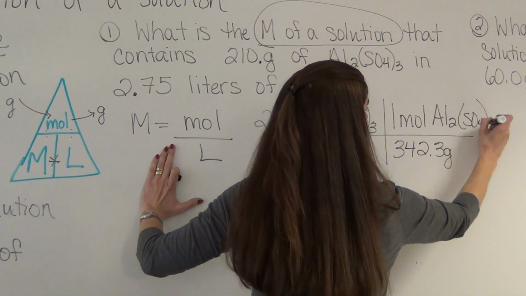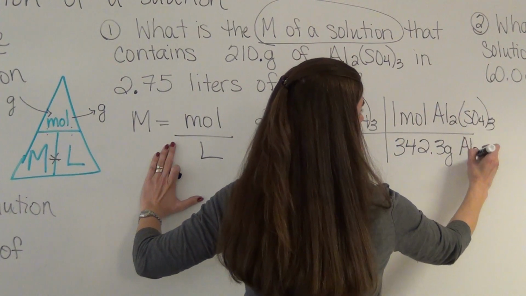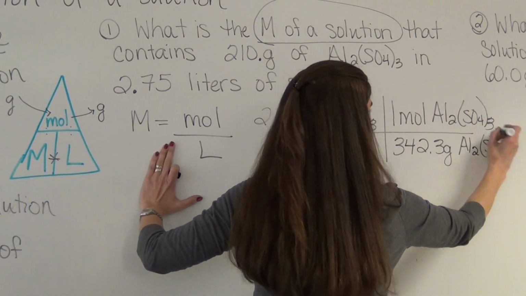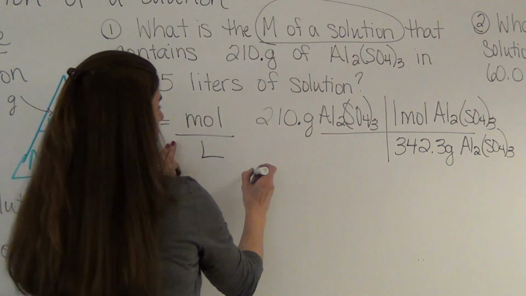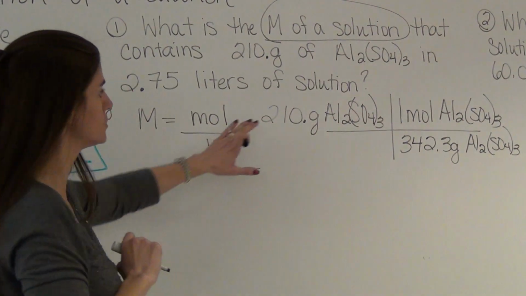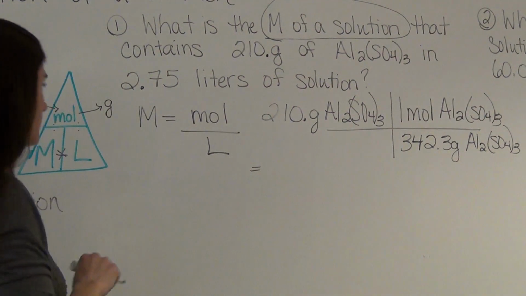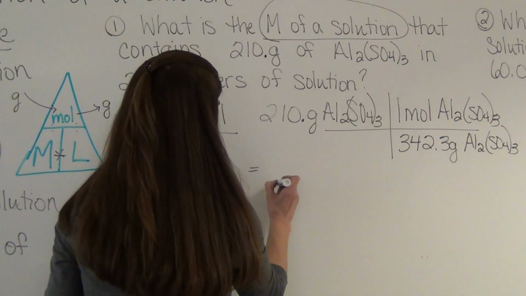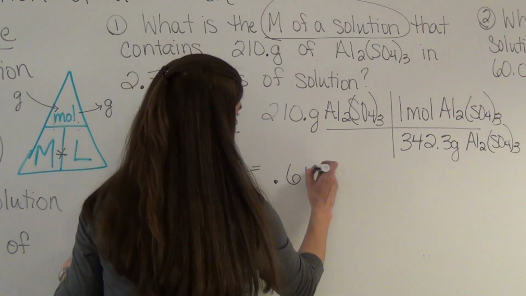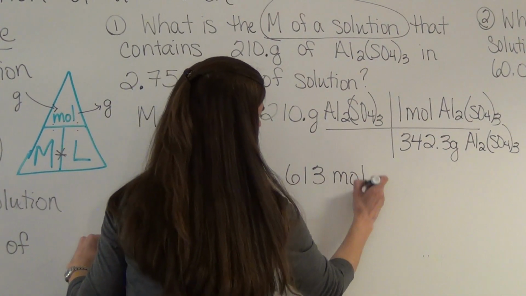And again, you can look up each mass on the periodic table, add up the total mass, and that's what you're going to get. So if we put that into the calculator, 210 divided by 342, which I've already done, you're going to get 0.613 moles.